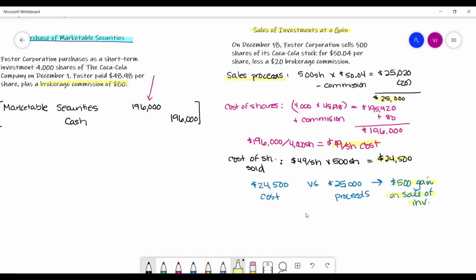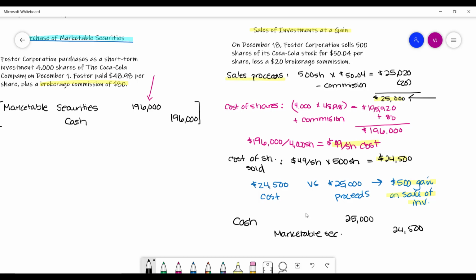And now we need to journalize that. So we received cash, right? Specifically $25,000 cash. So here you would debit cash for $25,000. We just sold some shares, right? So our marketable securities account needs to go down. So we would credit marketable securities for their cost, so $24,500.